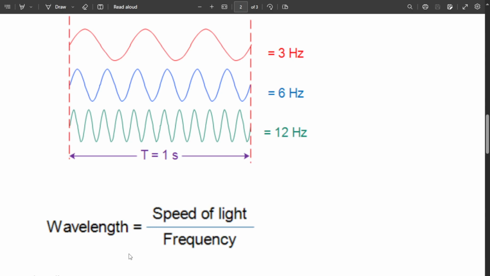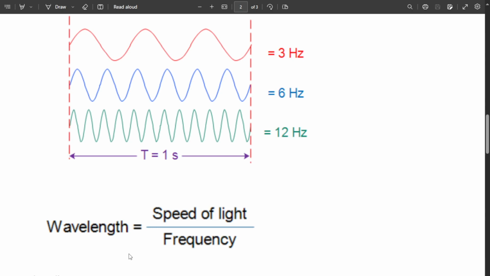As you can see here, the duration of this red waveform, you can say the signal, the red one, is increased, right? Then we can say the wavelength is increased, but the frequency is decreasing.